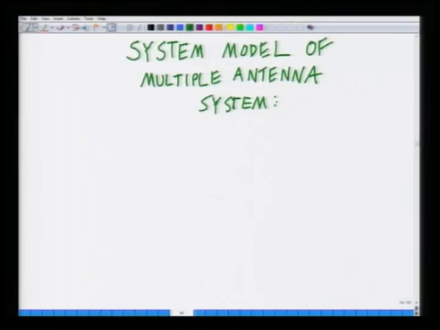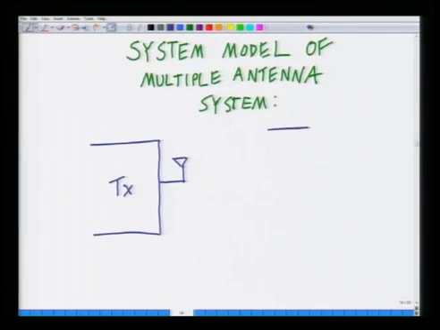Now, let us say I have a transmitter which has one transmit antenna.